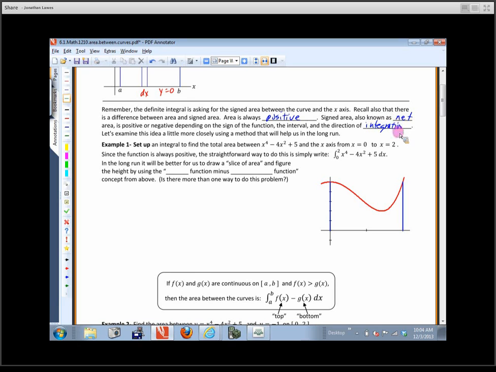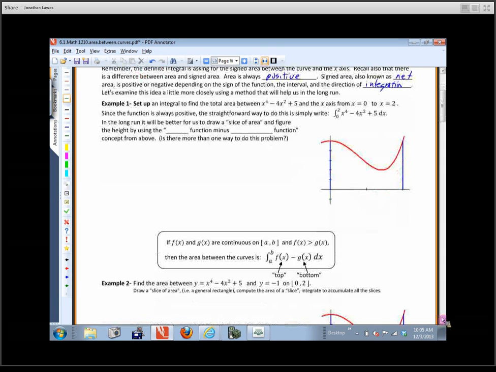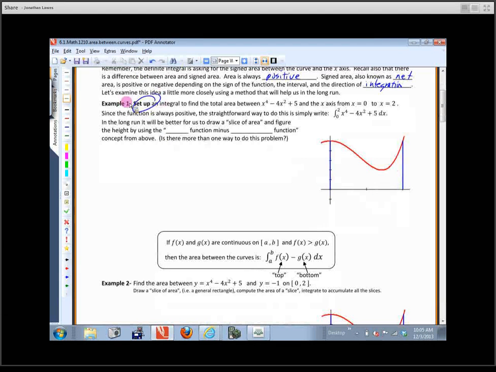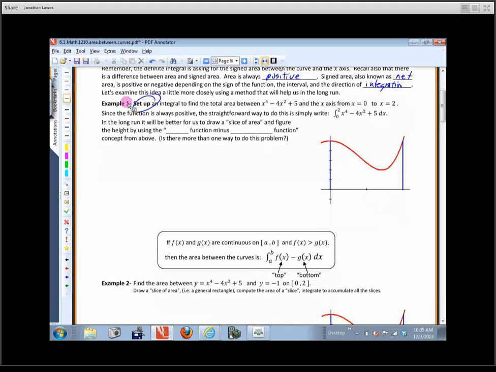Okay? So we're going to look at this a little bit more closely. We're not actually going to evaluate this, but we're just going to set up an integral to find the total area between this function right here and the x-axis from x equals 0 to x equals 2.